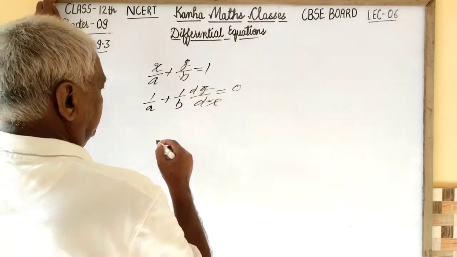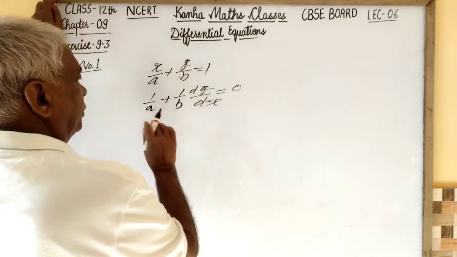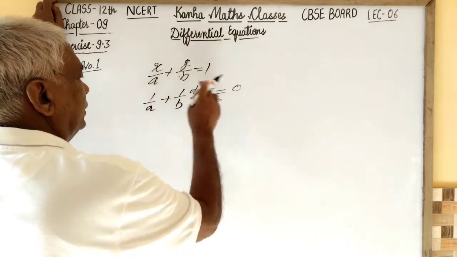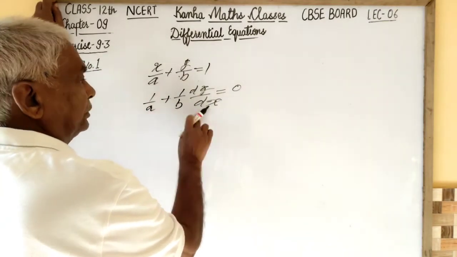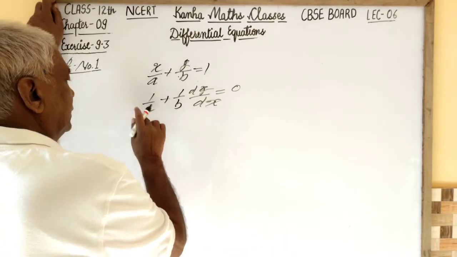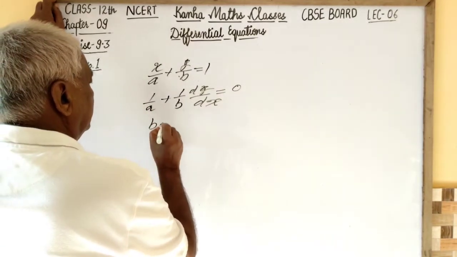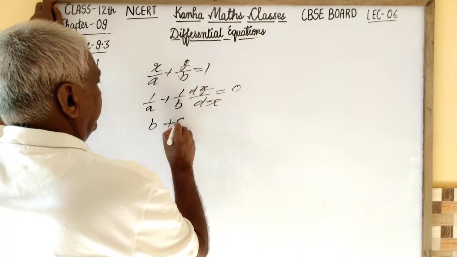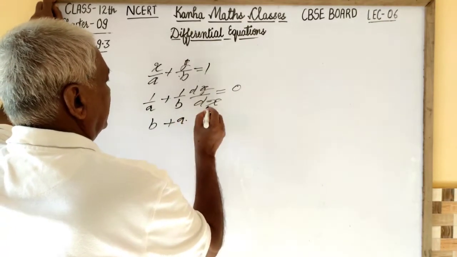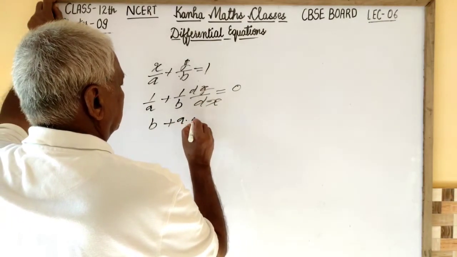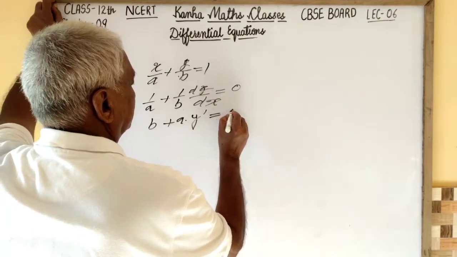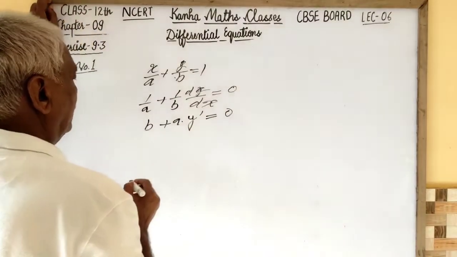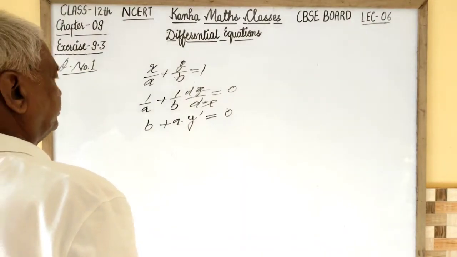Now, if we multiply both sides by ab, the LCM of the denominators on the left hand side, we get b plus a dy/dx, which you may write as y dash, equal to 0.